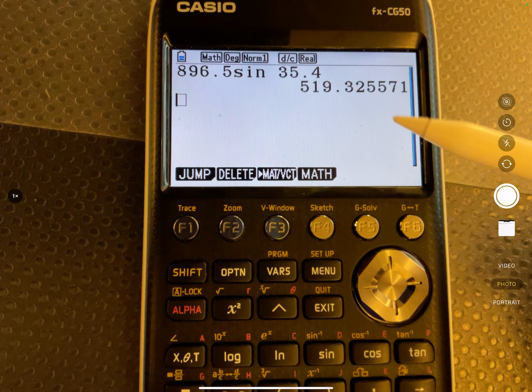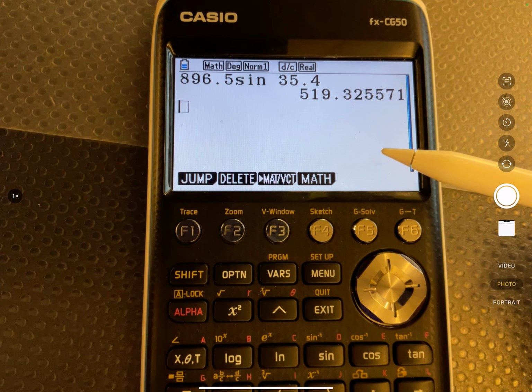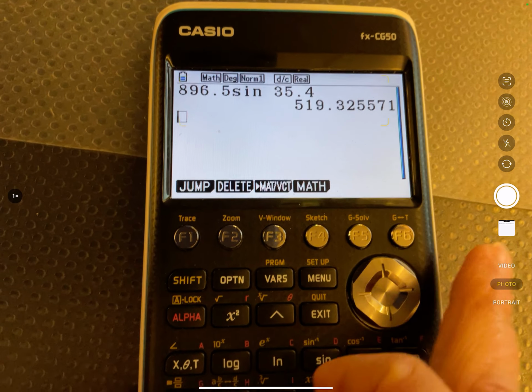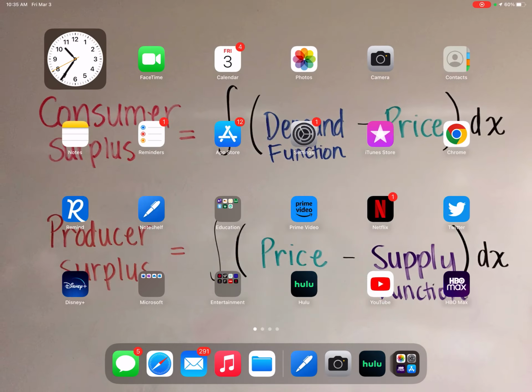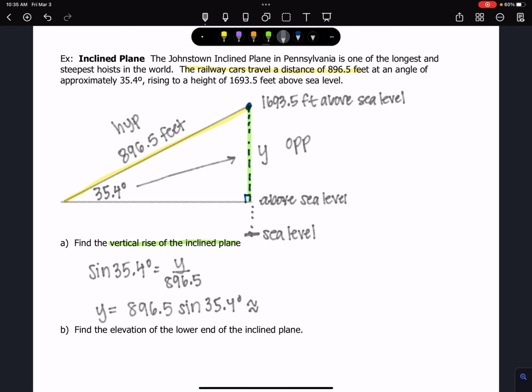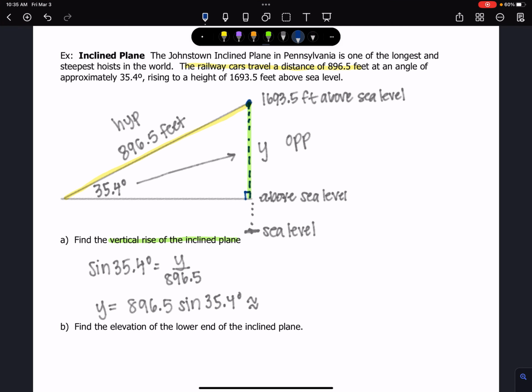So that's about 519.326 feet. So this length right here is about 519.326 feet. So that answers that question.